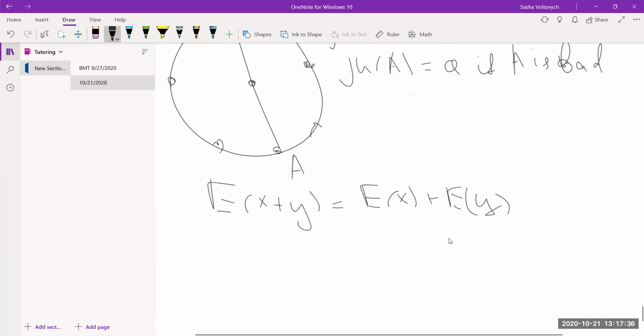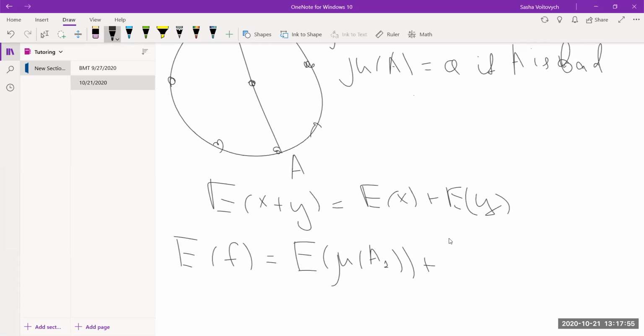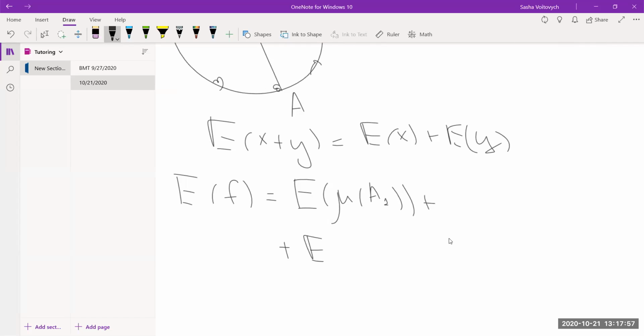Okay, so then the expectation of f is equal to the expectation of mu of A1 plus the expectation of mu of A2 plus dot dot dot plus the expectation of mu of AN.